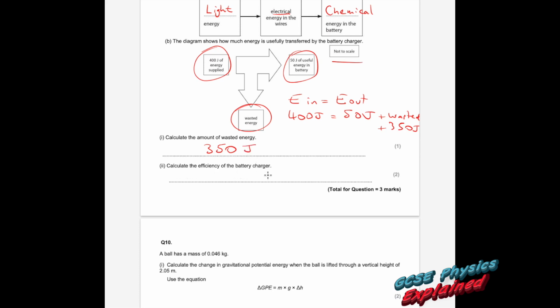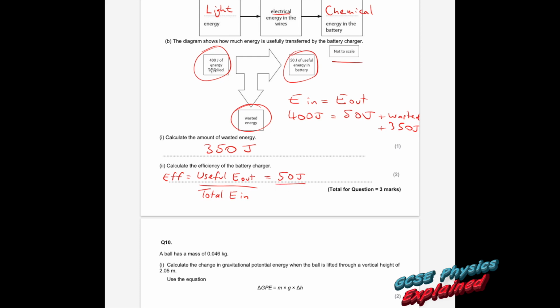Calculate the efficiency of the battery charger. Right, well, the efficiency equals the useful energy out divided by the total energy in. The useful energy out is the energy we get in the battery, so that's the 50 joules.